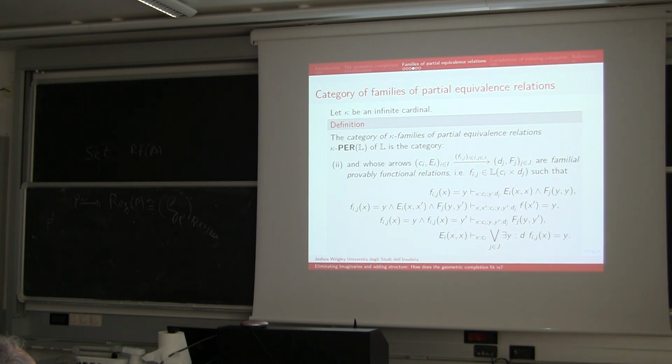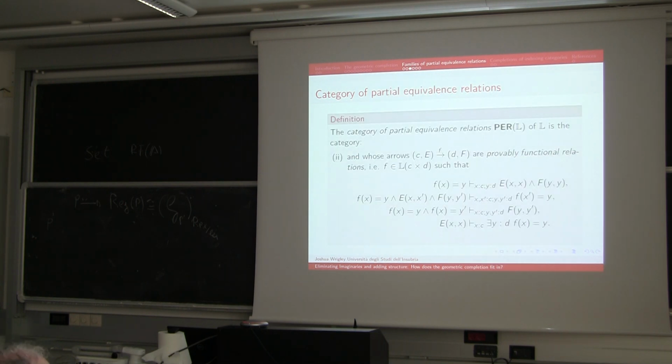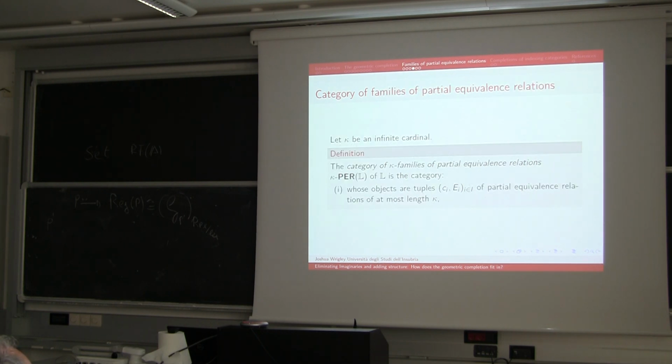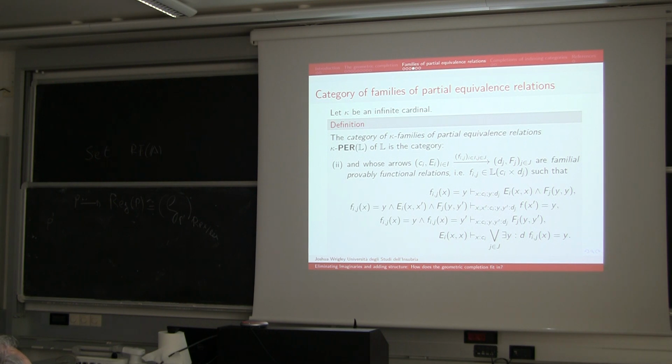In the previous case we needed an axiom which said that it was total, but here, because we've got families of partial equivalence relations, we say that it's total over all of the partial equivalence relations in the codomain.